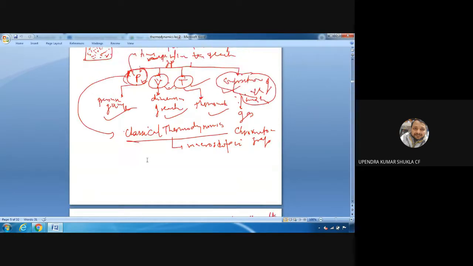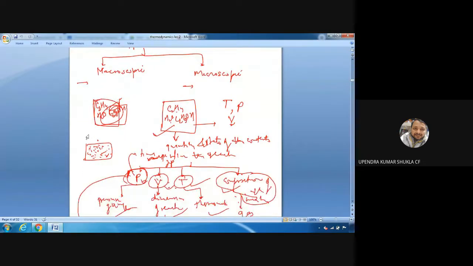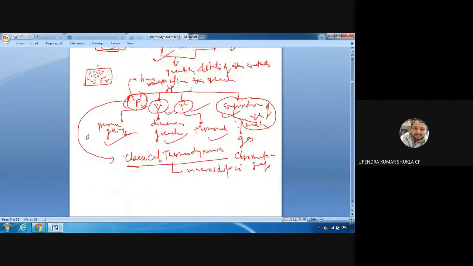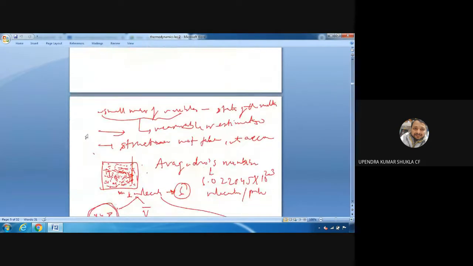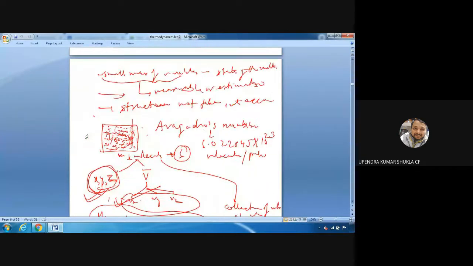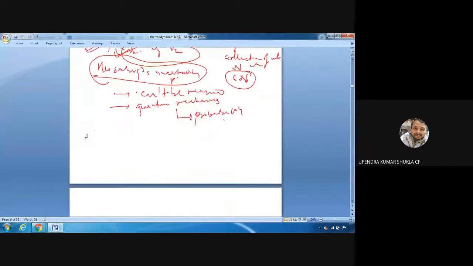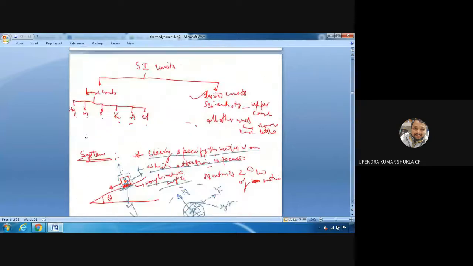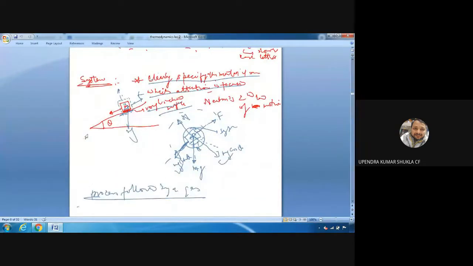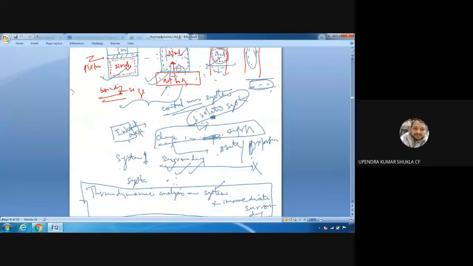A macroscopic approach will come under the category of classical thermodynamics, and microscopic approach will come under the category of statistical thermodynamics. And then we talked about variables, state variables, etc. And I think SI units I talked about. Okay, and then process, followed by, yes, I have taken the example.